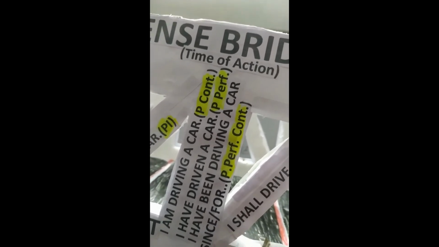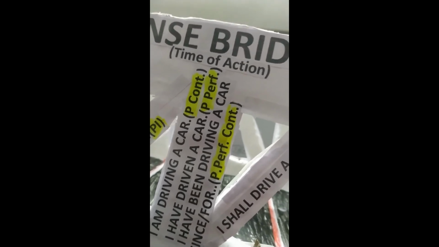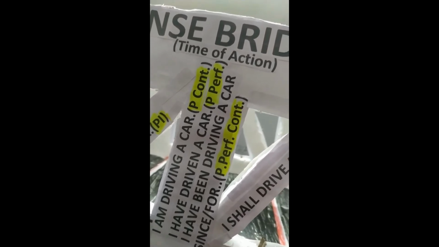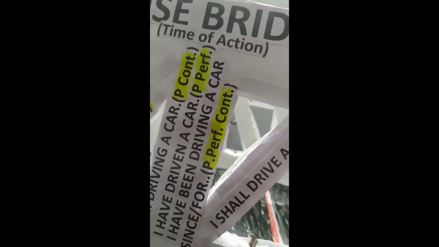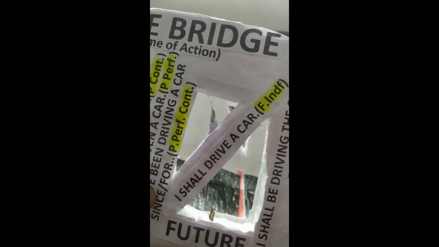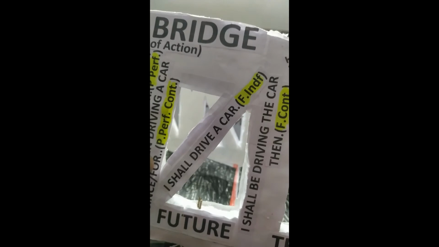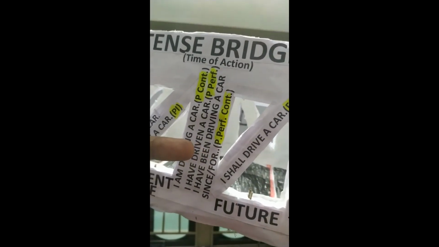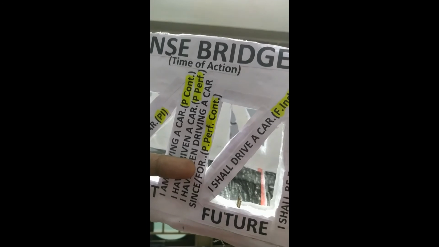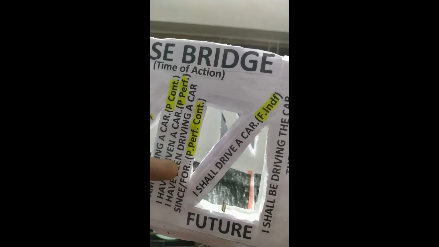Whenever a point of time is indicated, we use the preposition since before the point of time. Whenever a period of time is indicated, we use for before the period of time. Just mark it.